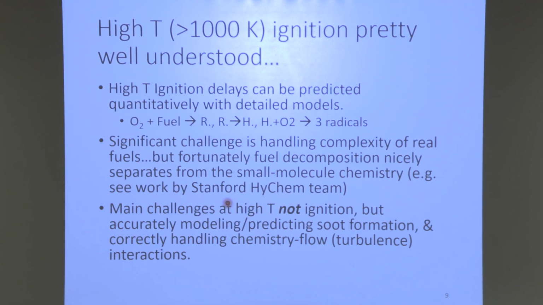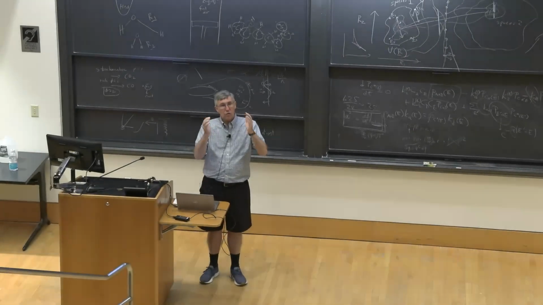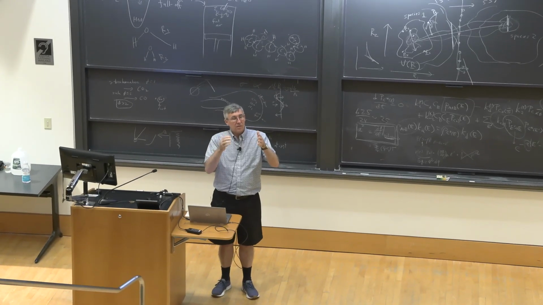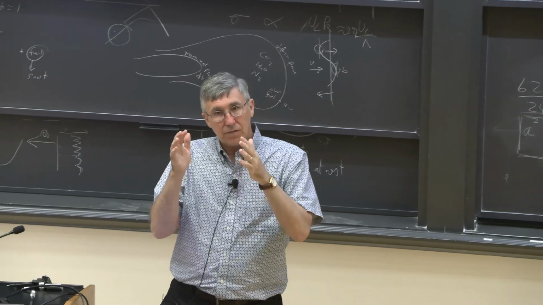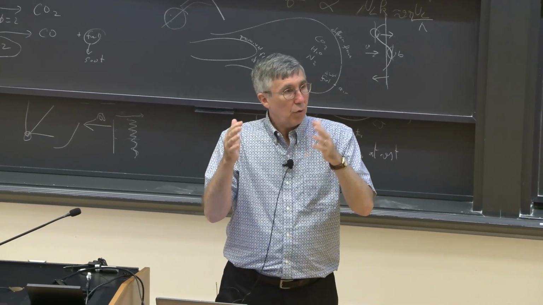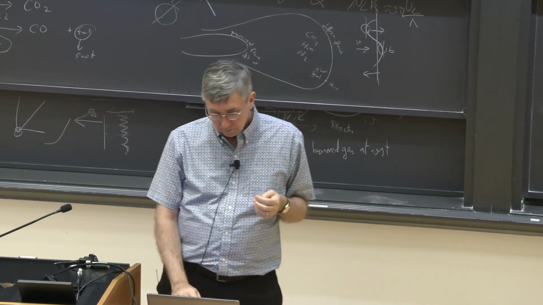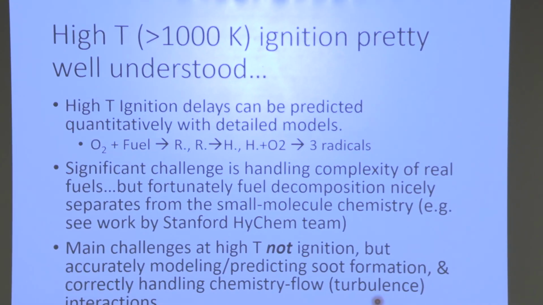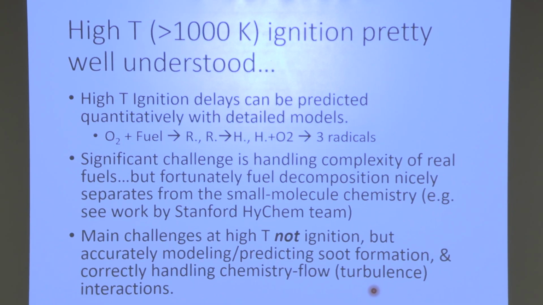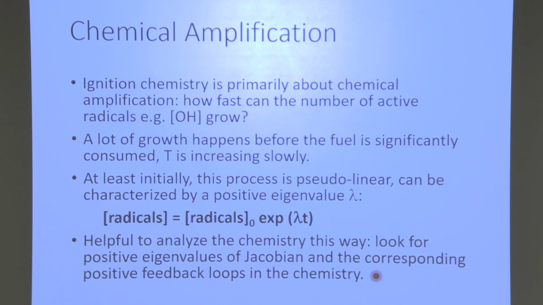The Stanford HighChem team has done it: they empirically took a bunch of jet fuels and measured how they decomposed, then figured out the ignition delays of the decomposed stuff, and they can understand exactly what's happening. At high temperature, the issue is not really the ignition, but things like soot formation and the coupling with the flows. The ignition is not really a problem.